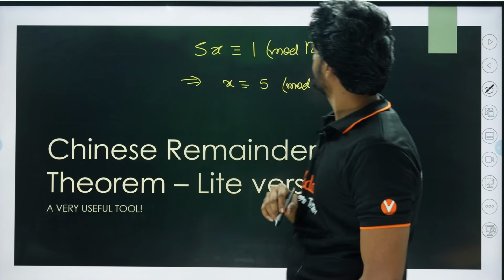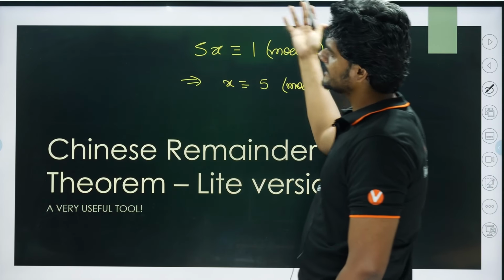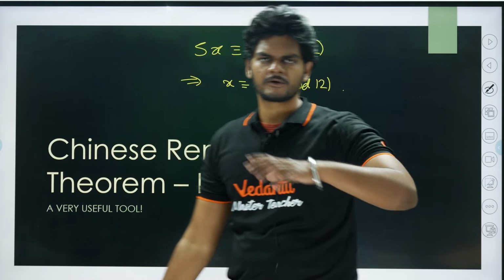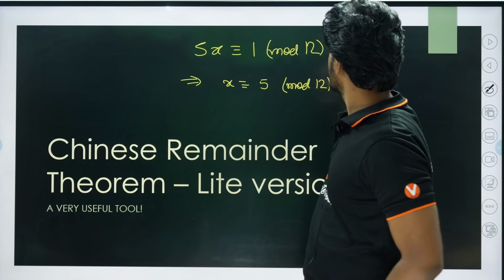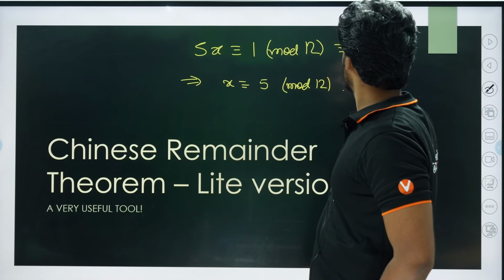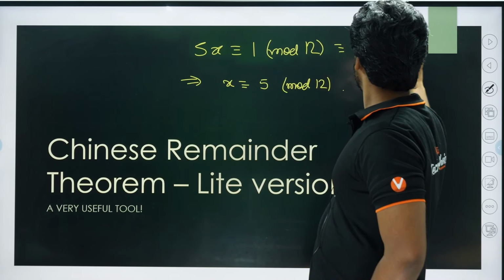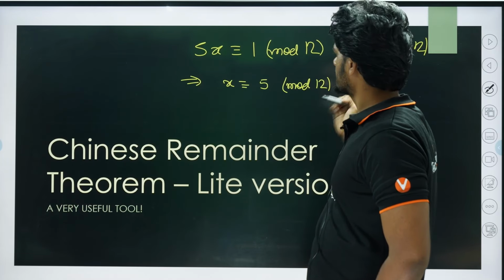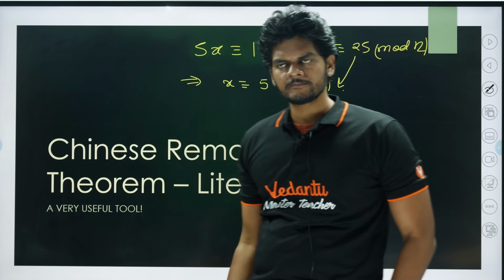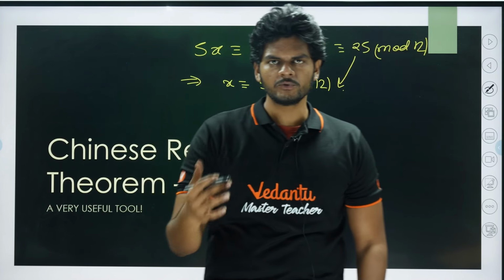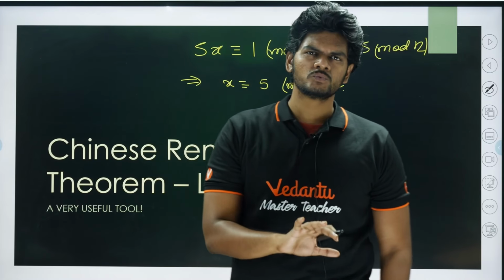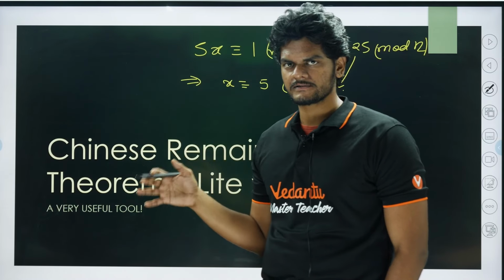This was a linear equation and we were solving linear stuff. So we wrote this is congruent to 25 mod 12, and from there we get this. So in Chinese Remainder Theorem, what we do is we solve for 2 such linear equations.